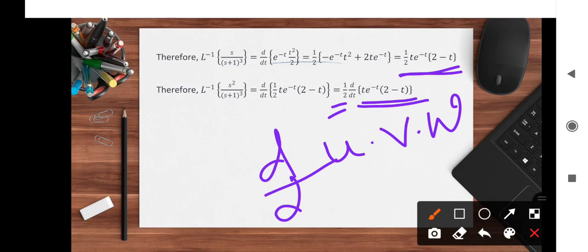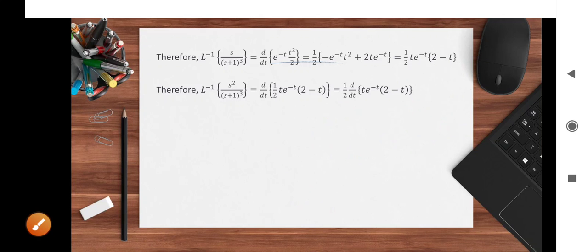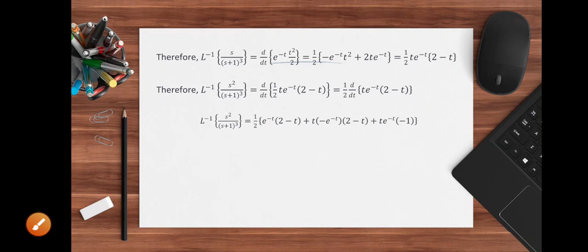So here we have to apply d by dx of u into v into w. u is function t, v is function e raised to minus t, and w is nothing but 2 minus t. Same rule you have to extend for the 3 terms. So applying this rule of differentiation, we get this step.